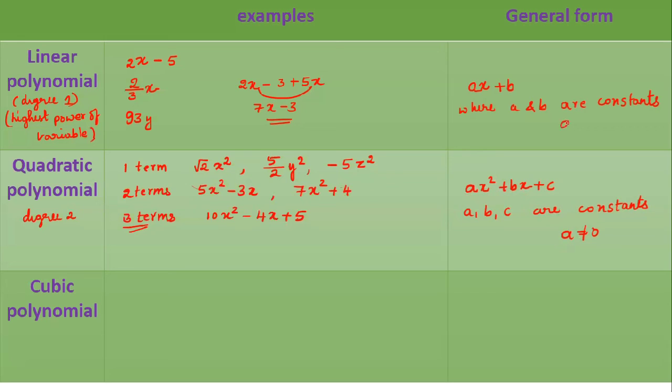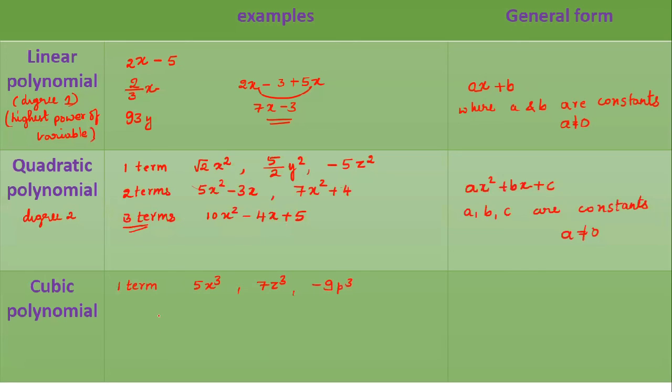If a is equal to 0, then ax square plus bx plus c becomes a linear polynomial. And the condition for ax plus b being a linear polynomial is a not equal to 0. If a is equal to 0, it becomes a constant polynomial.